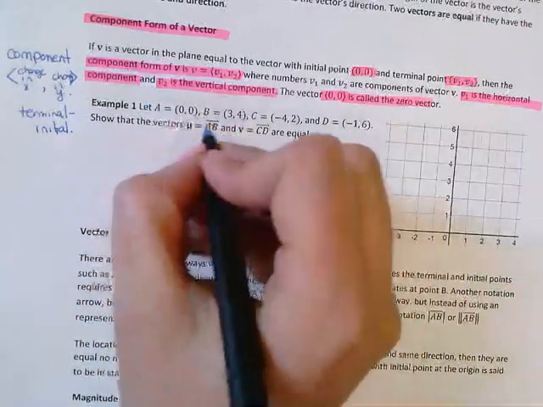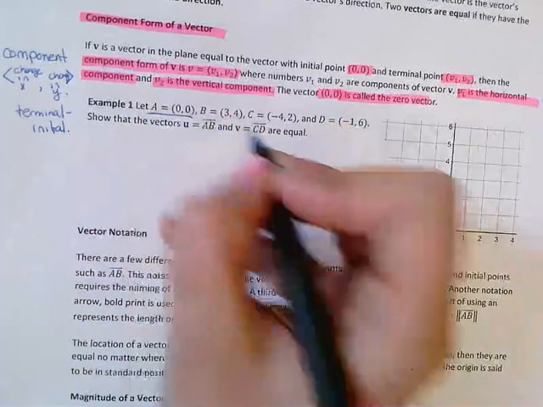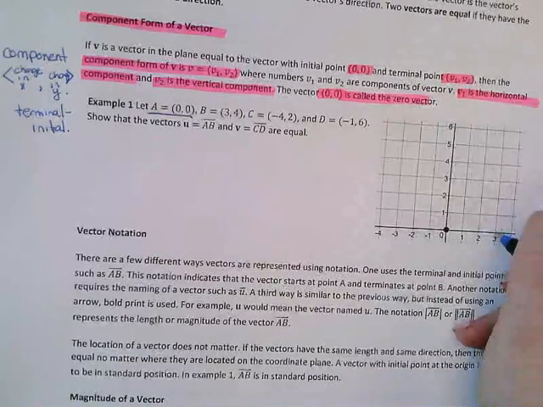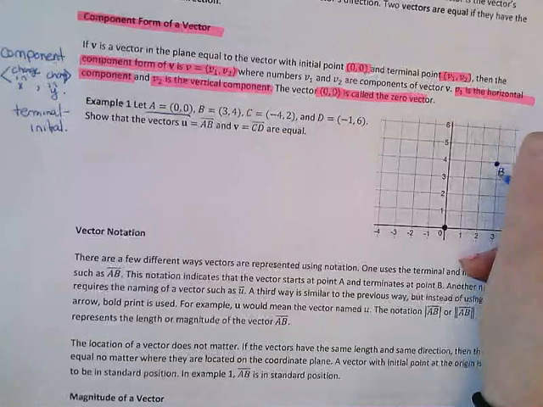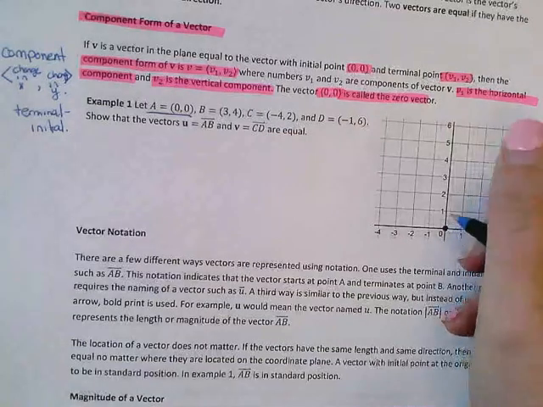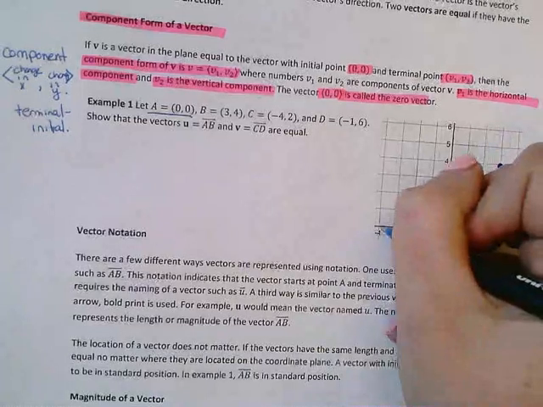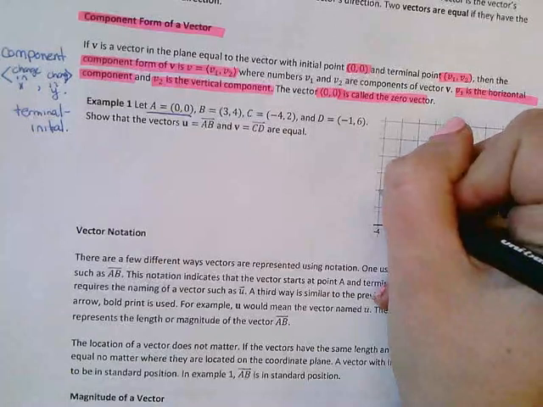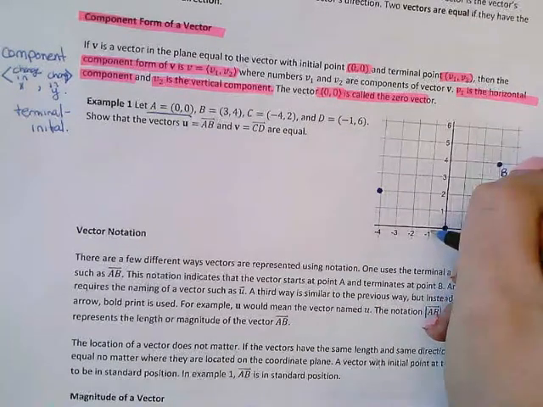So let's look at our first example. Let A be (0, 0) and B be (3, 4). So A is here, B is going to be (3, 4), and then C is going to be (-4, 2), and D is going to be (-1, 6).